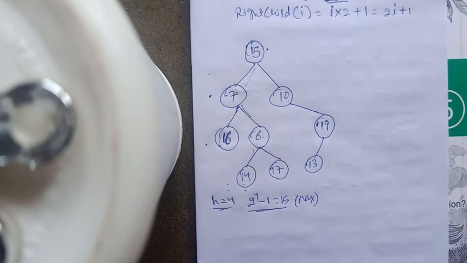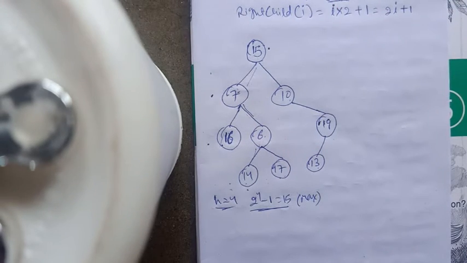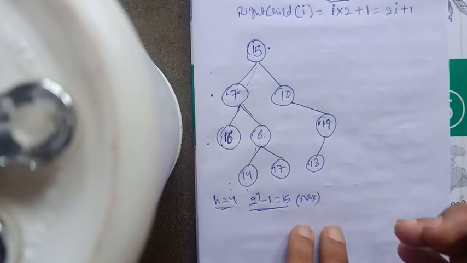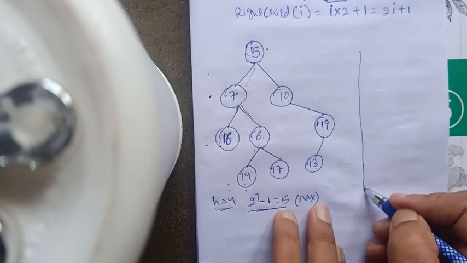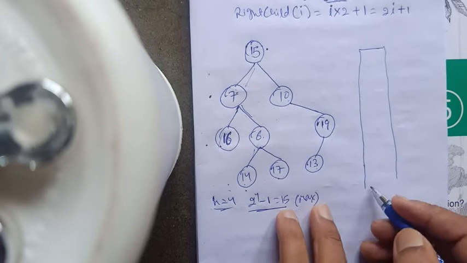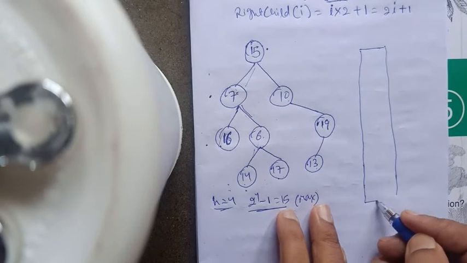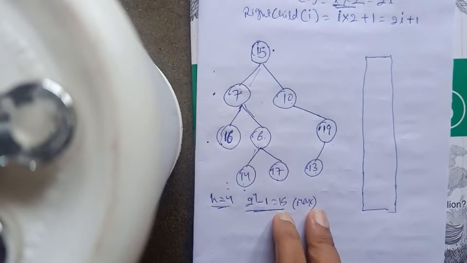So we have to create an array, because I want to represent this tree using an array in memory. Let's say this is our array, and the size of the array should not be more than 15, or less than 15. So there must be 15 different cells.